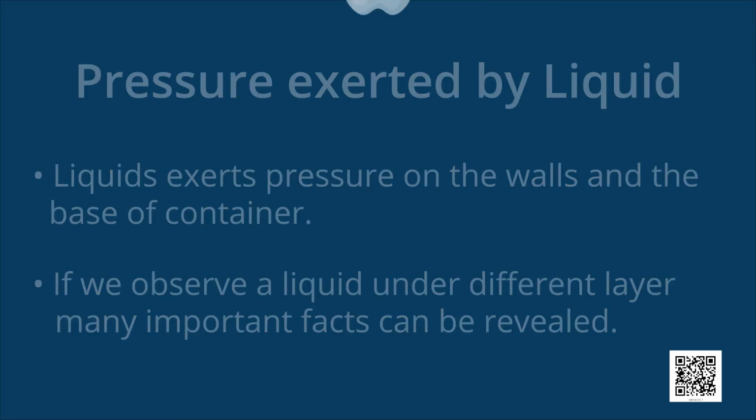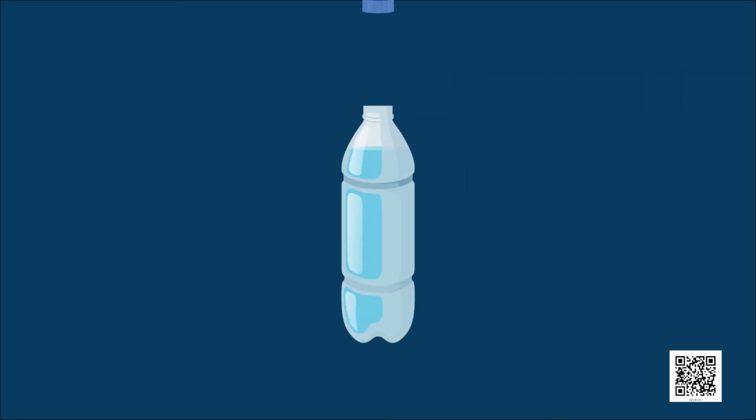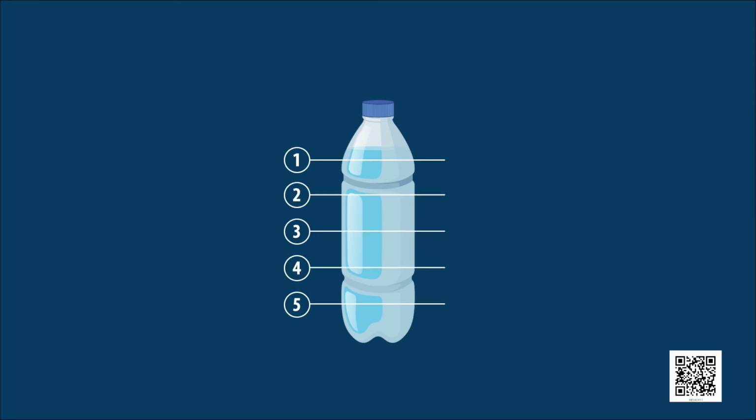Imagine a bottle, and here we divide the liquid in the bottle into 5 layers. You will see that the second layer is under the pressure of the first layer, the third layer is under the pressure of the second layer and first layer. Similarly, the fourth and fifth layers are under the pressure of the upper layers.